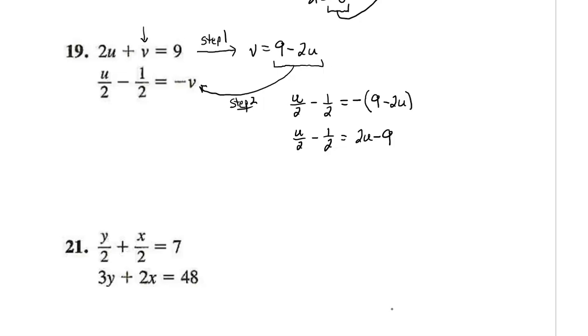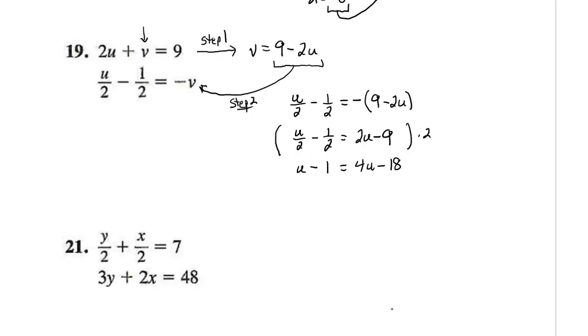The next thing I'm going to do is, because there is a denominator, I'll multiply everything by the least common denominator. On the left side, I get the u alone and the 1 alone. That's why multiplying by 2 is a good idea. On the right side, when you multiply by 2, it makes 4u minus 18.